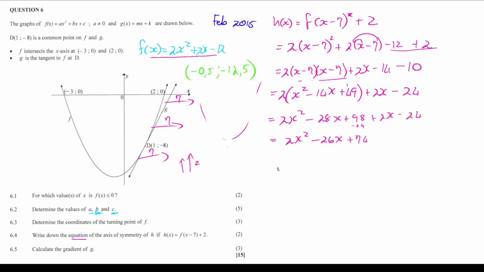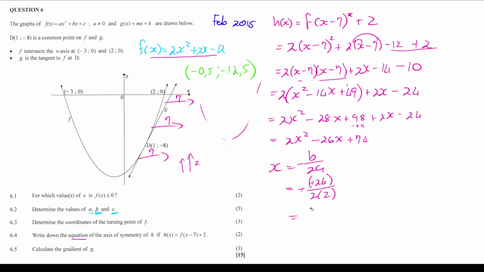And then we just have to find, for the axis of symmetry, the x value of the turning point: minus b over 2a. And that would be minus minus 26 over 2 times 2. This becomes a positive.